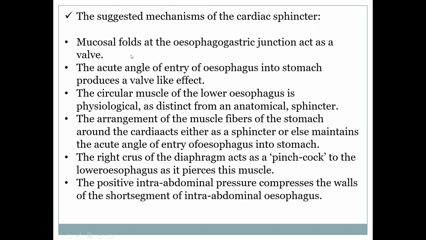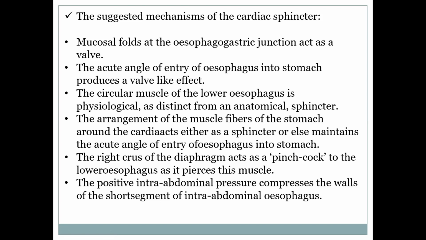You can see here there are some mucosal folds at the esophagogastric junction. These folds act as a valve, and you can see there is an acute angle at the entry of the esophagus into the stomach. So it also produces a distinct valve-like effect.